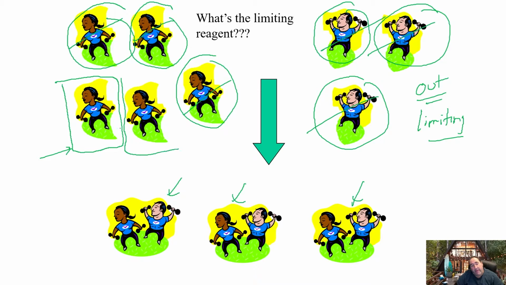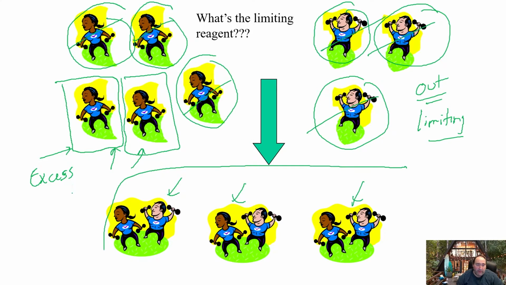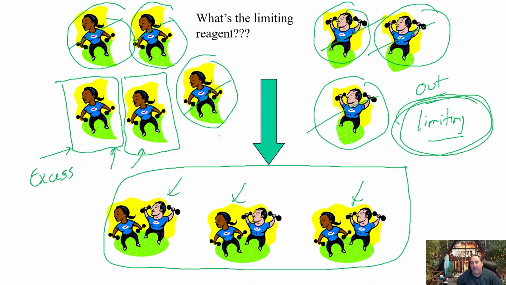We have 1 and we have 2. So this would be our excess. And again, we could figure out how much of our excess is left over. It is our limiting reagent, as you can see here, because we only have 3 guys, that's as much product as we can make. So once again, it is always the limiting reagent that determines how much product you can make.